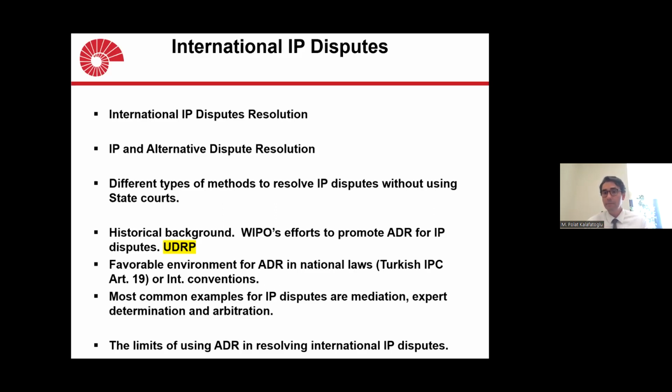The UDRP method was maybe one of the first fully online dispute resolution methods, okay? And it was designed for a specific type of IP disputes. It worked very successfully in this kind of disputes. And then we also used online dispute resolution methods for other types of disputes, even purely commercial disputes, okay?